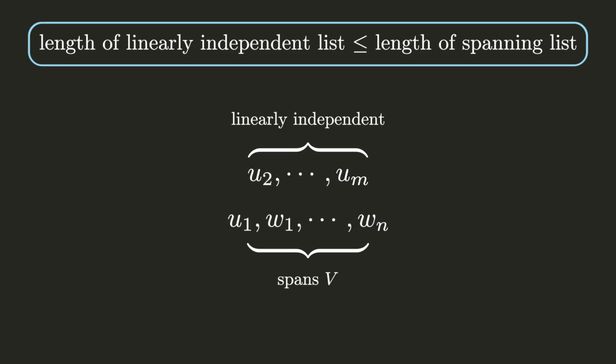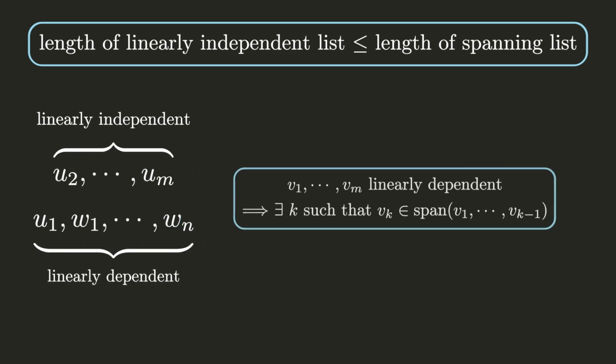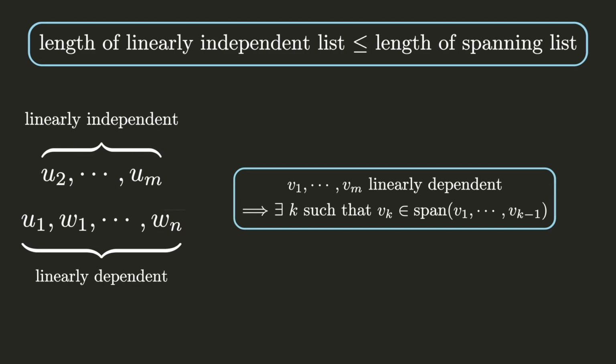The top list remains linearly independent, and the bottom one still spans v. Notice that the w part already spans v, so u1 is redundant in that sense, implying that this entire list is linearly dependent. By the linear dependence lemma, we can remove one vector from this list without affecting its ability to span the entire space.